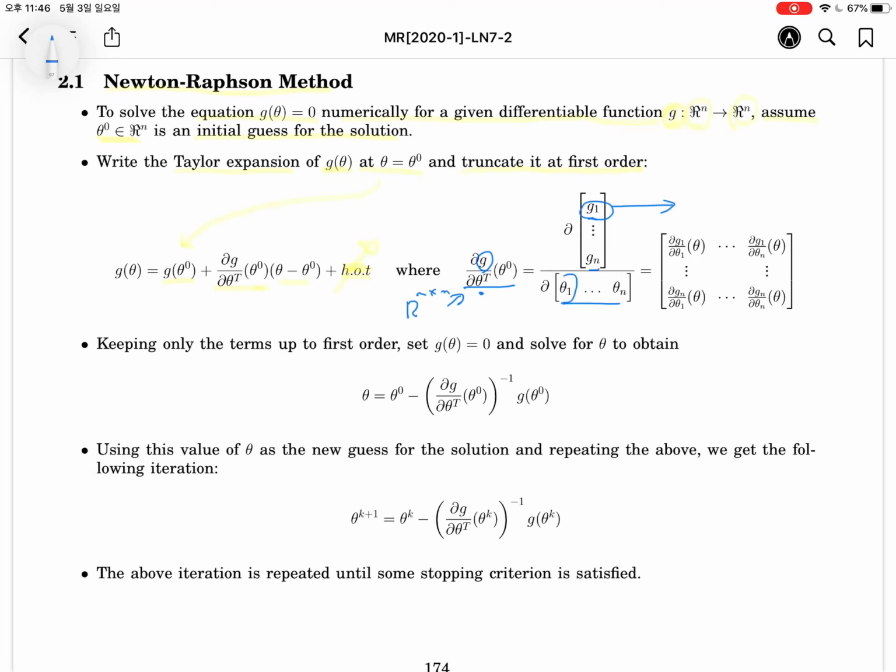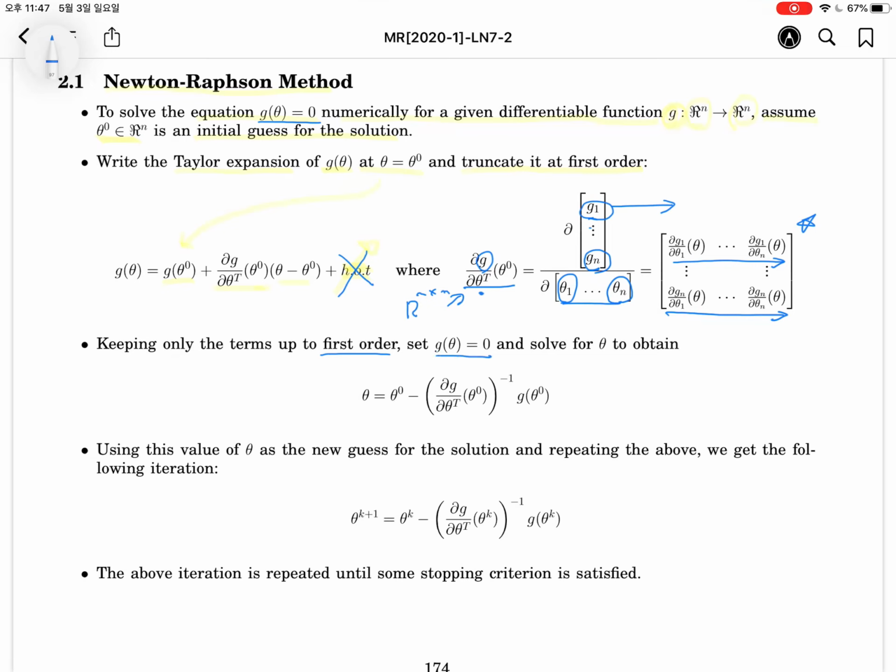The first element g1 is differentiated from theta 1 to the last theta n, so we have an n-dimensional row vector. The second element has the same form, and the last element gn is differentiated from theta 1 to theta n. Like this, we obtain the matrix, keeping only the terms up to the first order and neglecting the higher order terms.